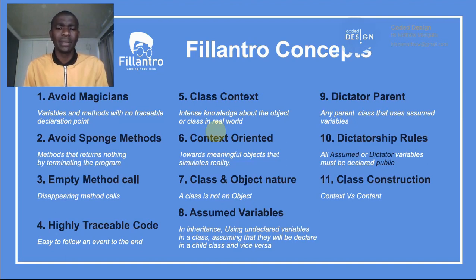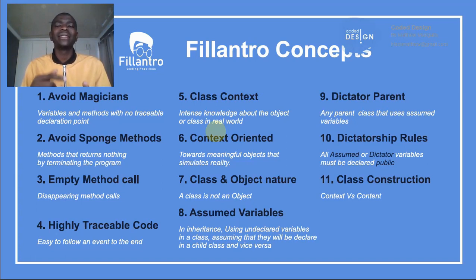Going to point number 8, assumed variable. In inheritance, using an undeclared variable in a class, assuming that it will be declared in a child class. In inheritance, we've got a parent class and a child or subclass.